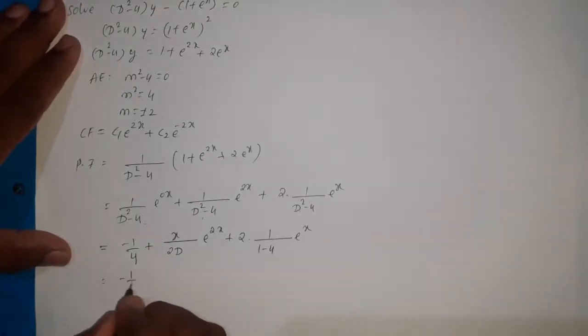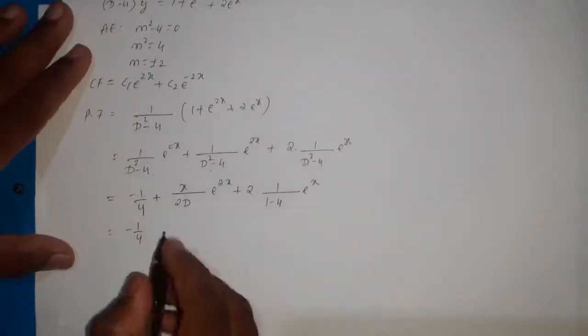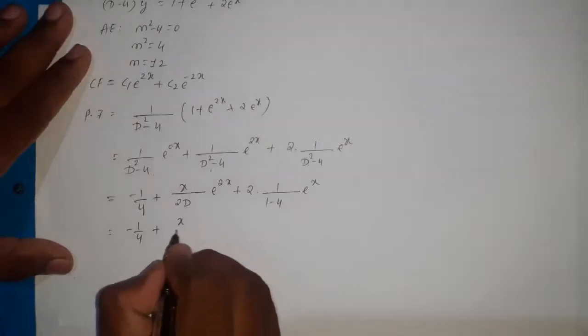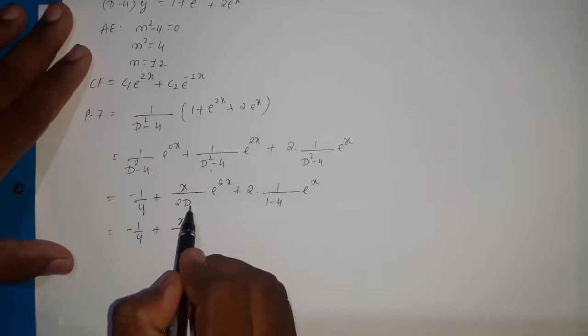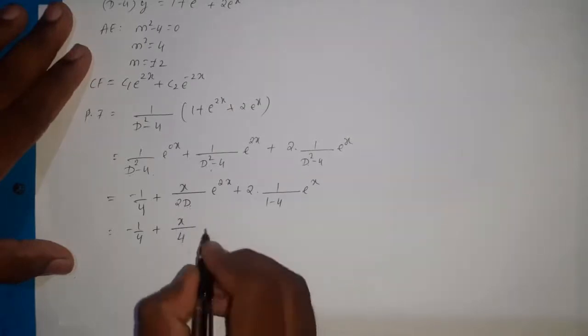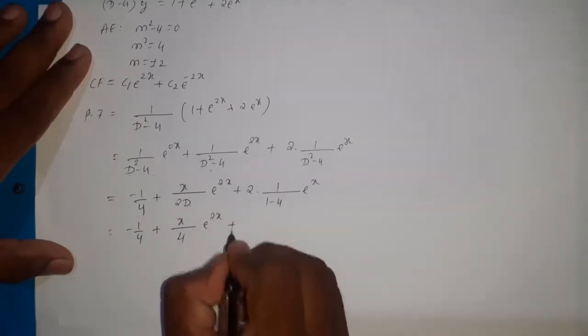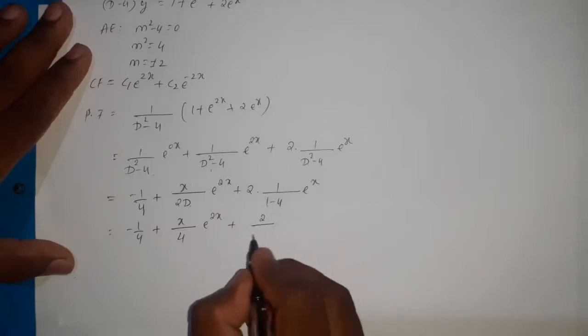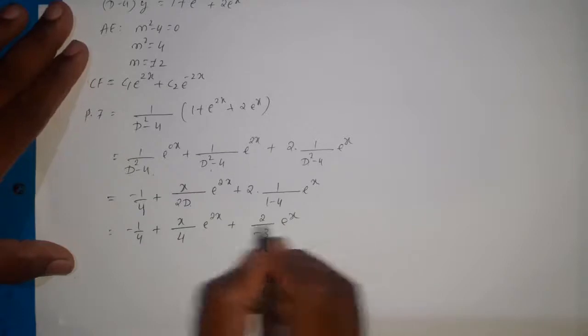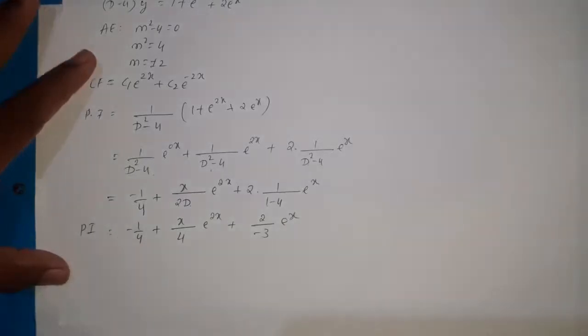Now it is −1/4 + x/(2D) with D = 2, so 2 into 2 becomes 4, e^(2x), plus 2/(1 − 4), which is −3, e^x. That is the particular integral.